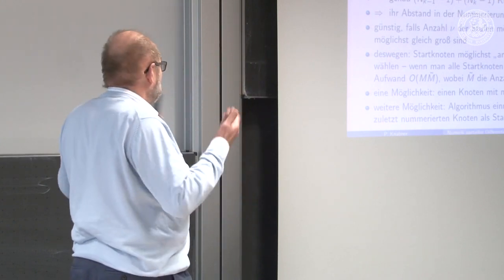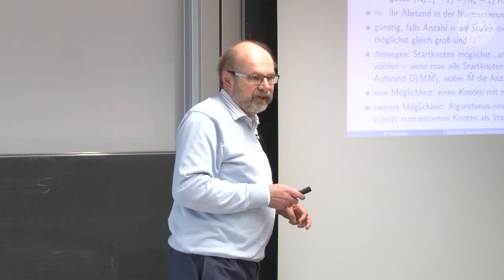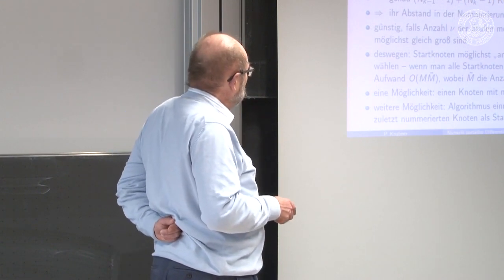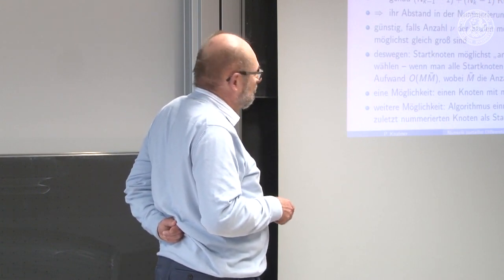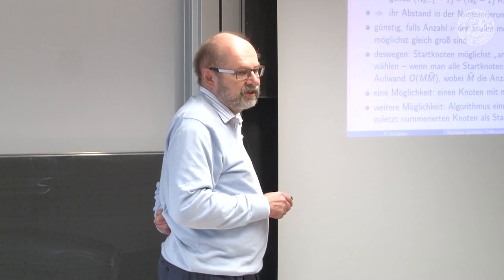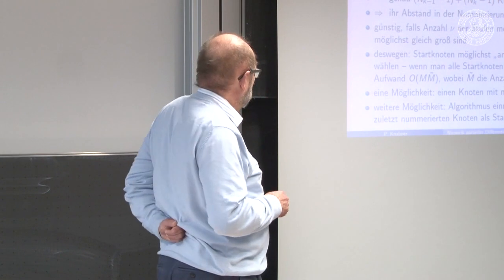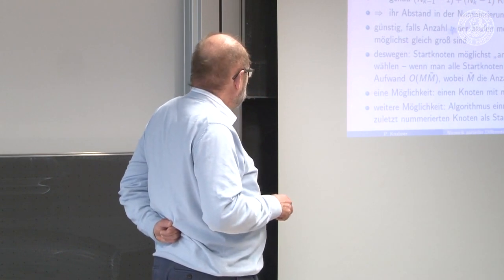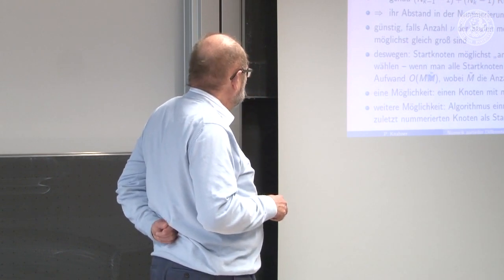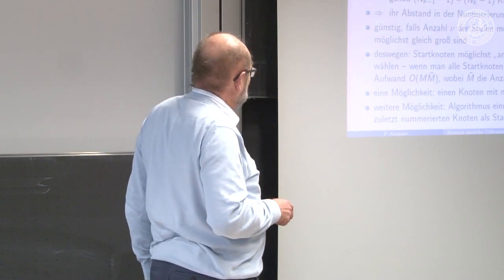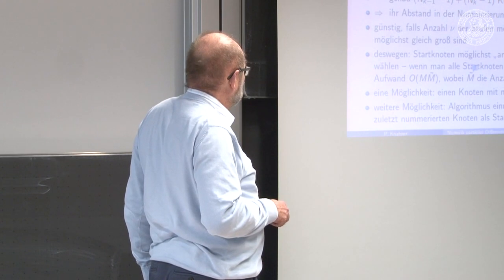Or we just say, okay, it doesn't matter. It's only a few seconds that this algorithm will need. We just work through all the possibilities. We try all nodes as starting node and just see what comes out, what is the best possibility. The complexity for the whole graph as we go linearly through the nodes is just O of m tilde.